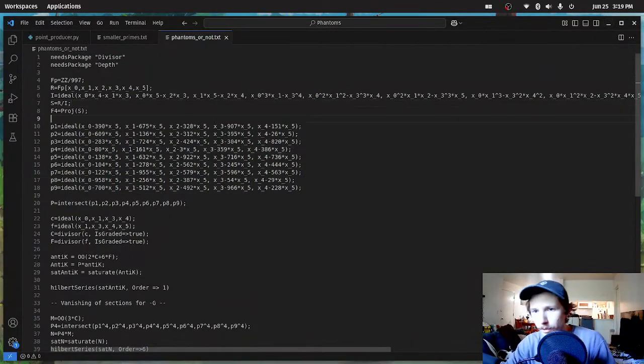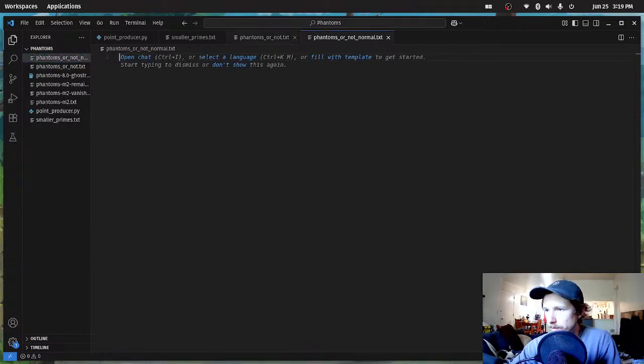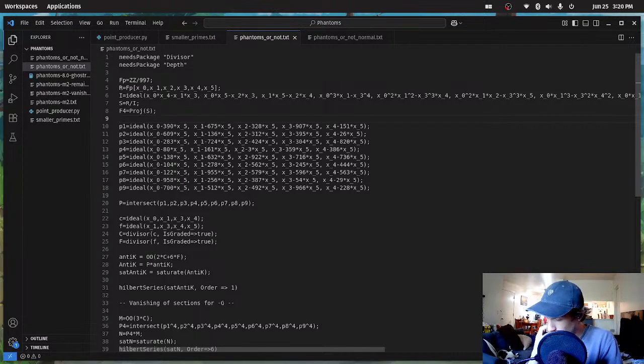So if we were trying to do this using a normal embedding, let's try if Macaulay2 is not normal. Then what we'd have to do is effectively, we need to find equations.